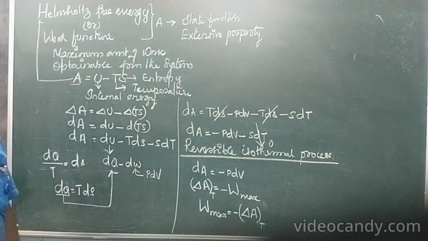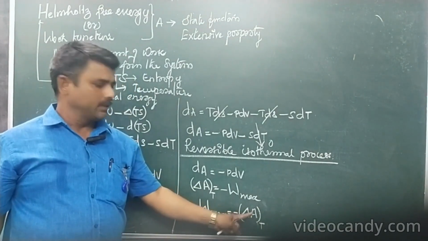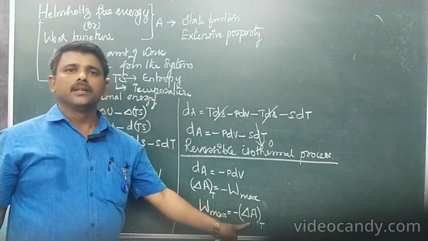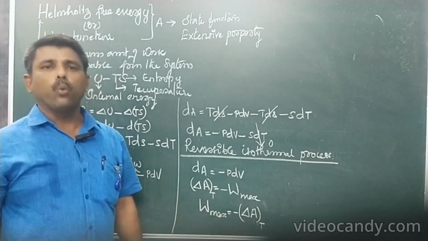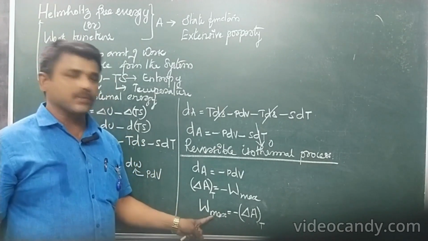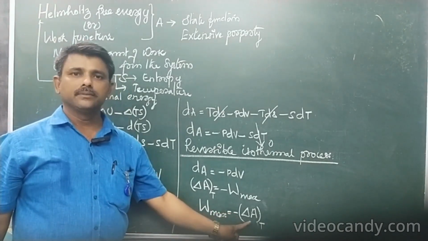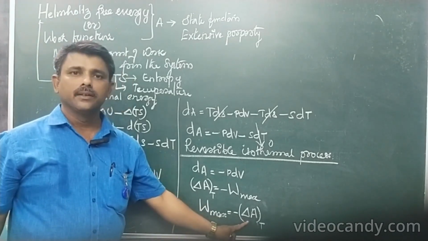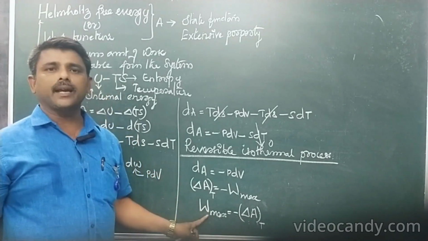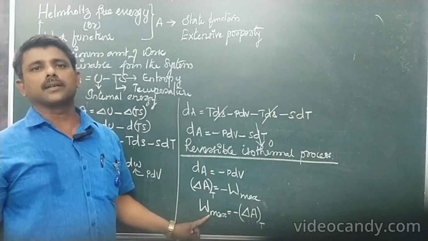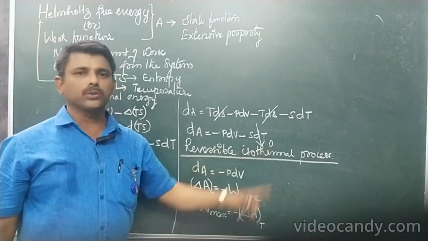For a reversible process, the decrease in work function is equal to the maximum amount of work that can be obtained from the system at constant temperature. Clear? This is the reversible isothermal process.